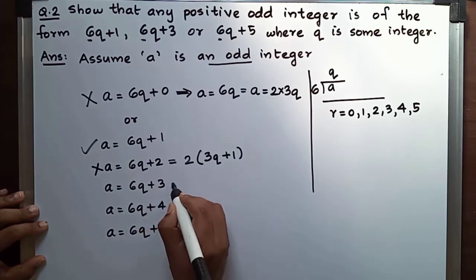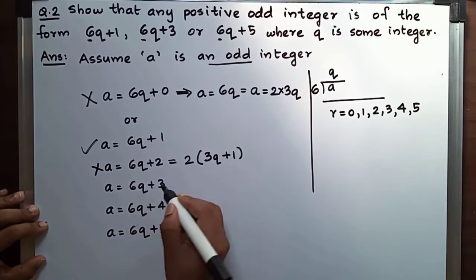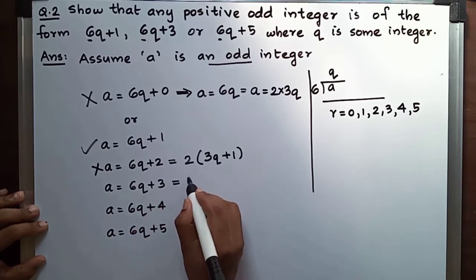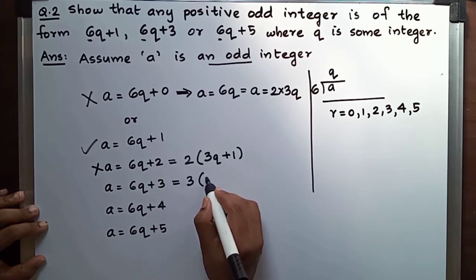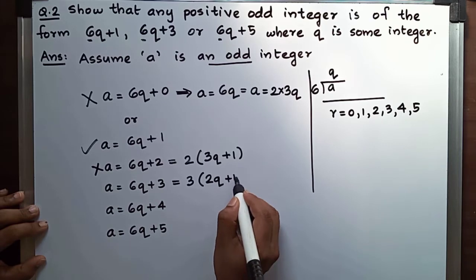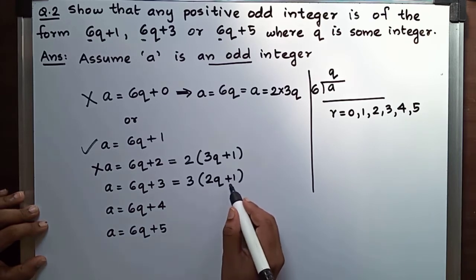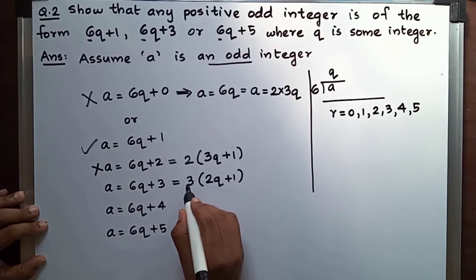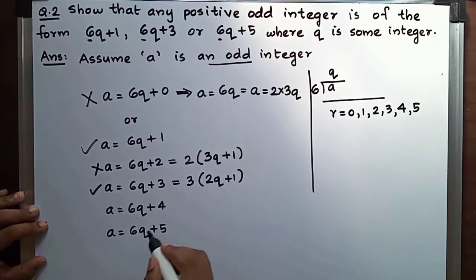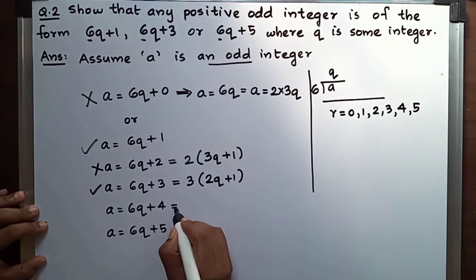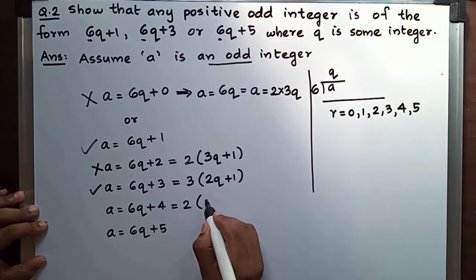What about this? Here it is possible. See why? I can take 3 outside here. Inside the bracket I will get 2q plus 1. See, here 2 is not a factor, which means it is not even, it is odd. So this is there. Now 6q plus 4, I can take 2 outside.